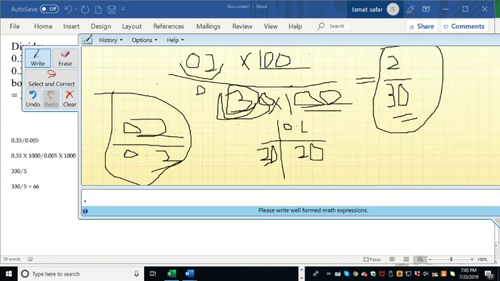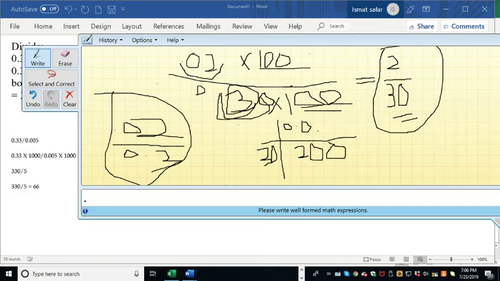So we add another 0 over here. How many 30 in 20? There are 0 30s in 20, right? So we add another 0 here, so we have 200. Since this is the second 0, we do not add a decimal point.